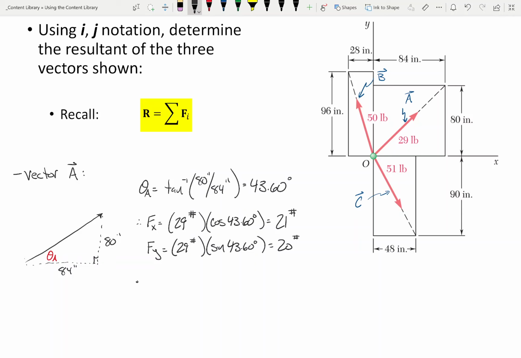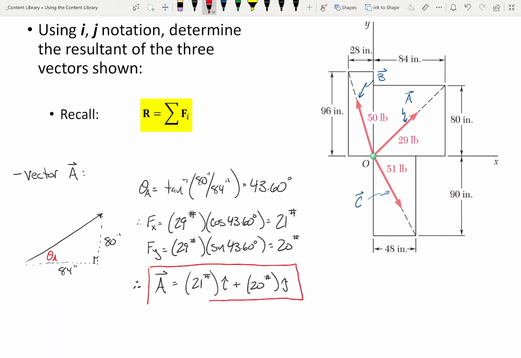So therefore, could we describe vector A as 21 pounds times I plus 20 pounds times J? Is that a fair way of describing that vector? Are the signs right? They're both positive, because that's a quadrant 1 vector. So I'm going to box this as the description for that vector. With me so far?